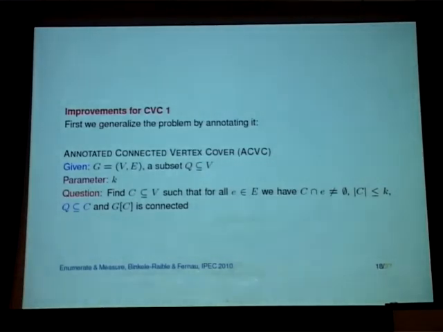In our case, we will have, in addition, a subset Q of vertices which we require to be in the final solution. If you think about the branching, what happens? You pick a vertex, either it is in the solution, so you put it into Q, in our formulation, because you won't delete it, you need it for the connectivity requirements, or not. And then you take its neighbors and similar things.